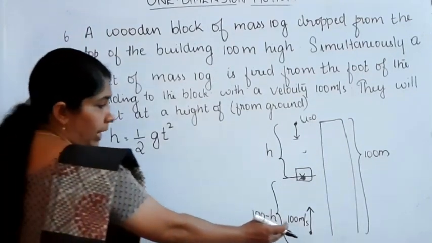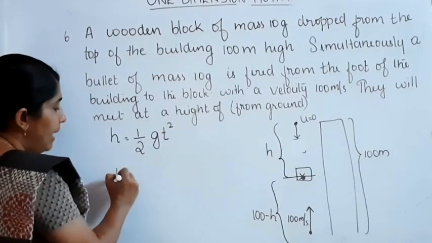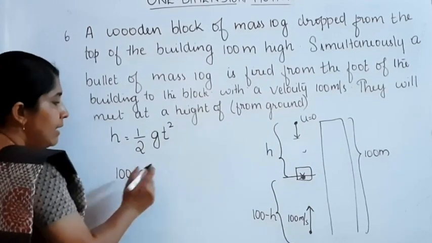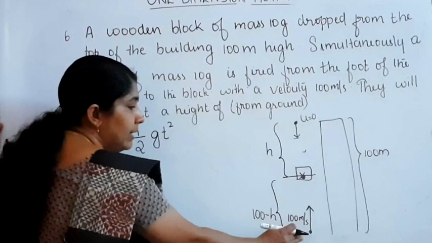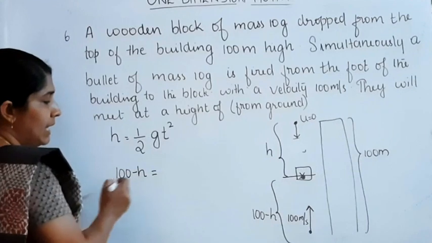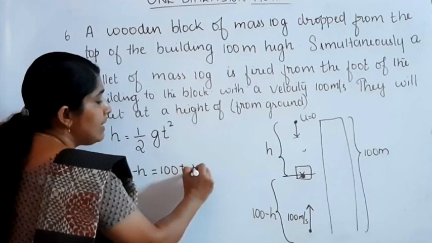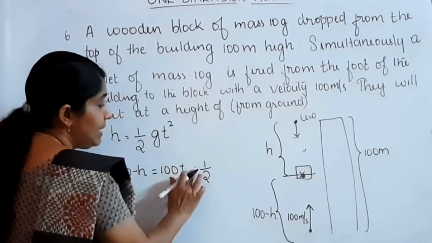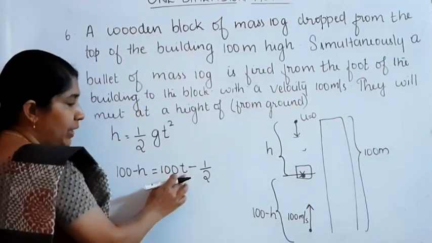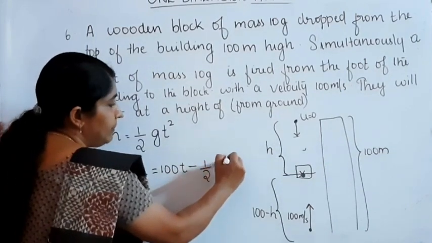In the case of the bullet fired from the bottom of the building, 100 minus h is the distance s, that is equal to u t, where the bullet is fired with an initial velocity of 100 meter per second. So 100 into t minus half g t square, with a minus because it is fired to the top.